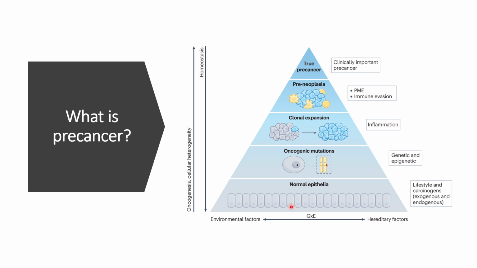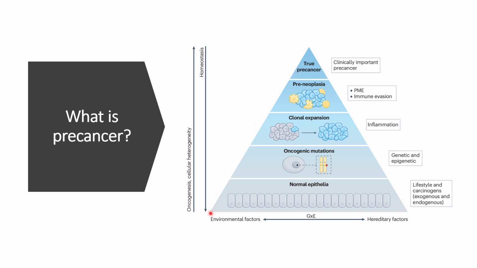You can see that the horizontal axis of the triangle can be used for environmental factors or hereditary factors. The normal epithelia can tolerate most environmental and hereditary factors, whereas as we go up, even slight changes in these factors will cause more impact on this true precancer stage to develop into the cancer stage.